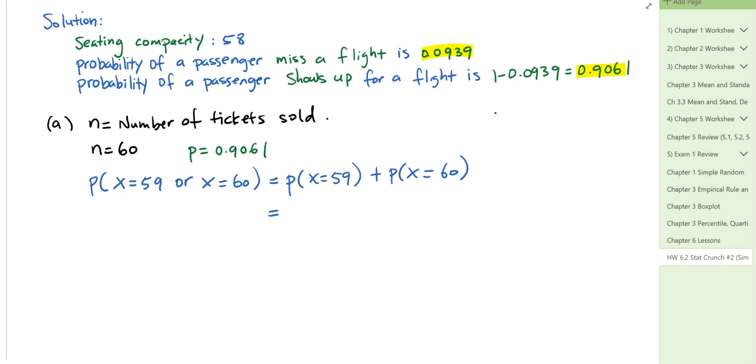Finding the probability of x is 59 or x is 60 is equal to the probability of x is 59 plus the probability of x equal to 60.